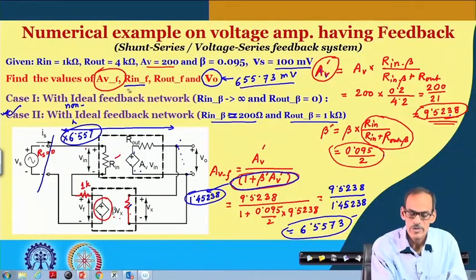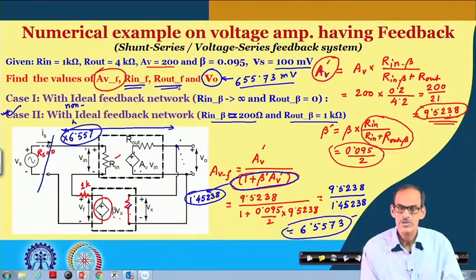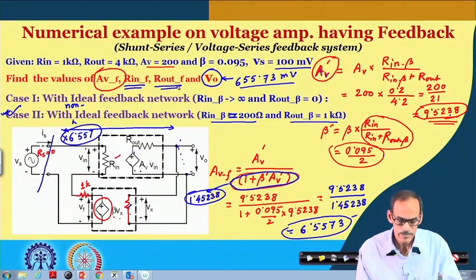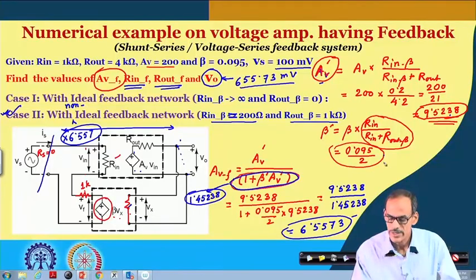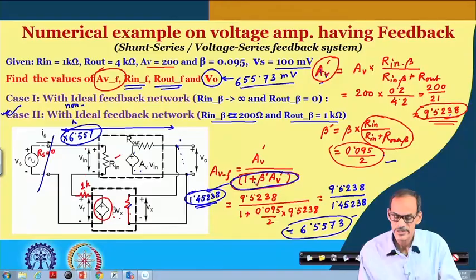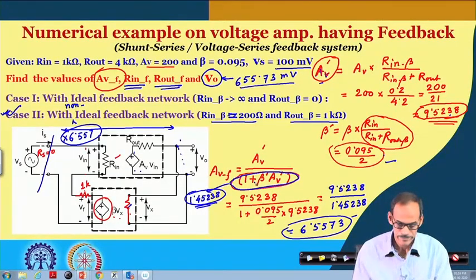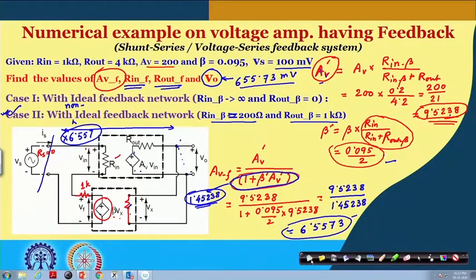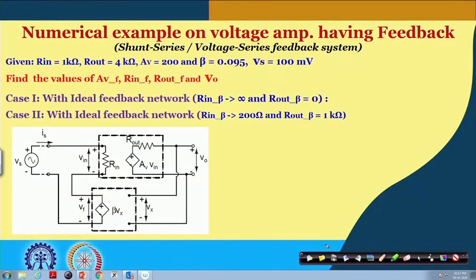So, the next thing is, what are the input resistance and output resistance of the feedback system. Again we have to keep in mind that AV dash is 9.5238 and beta dash is this one, and the corresponding desensitization factor is given there. To start with, let us consider input resistance. Let me clear the board again.